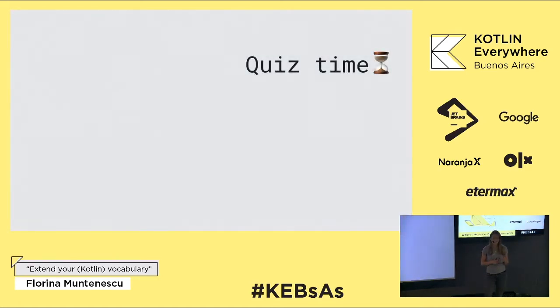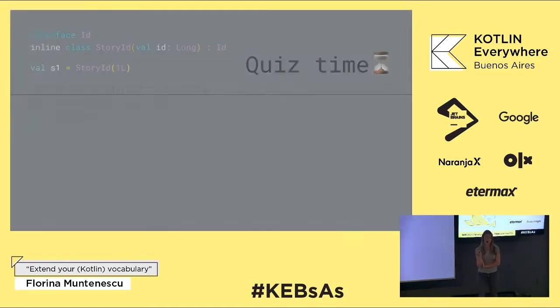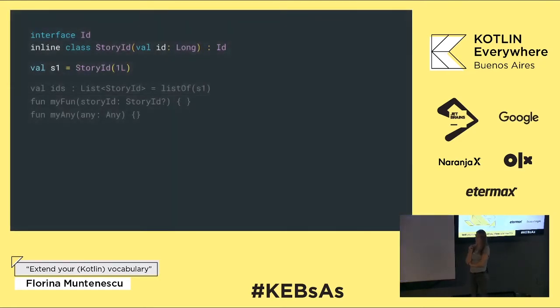Second quiz. OK, so let's see what happens in some cases. Let's say that we've defined an S1 of a StoryID. What happens when we want to pass this inline class object inside of a list? Is it going to be auto-boxed or not? Who thinks it's going to be auto-boxed? So, used as an object.